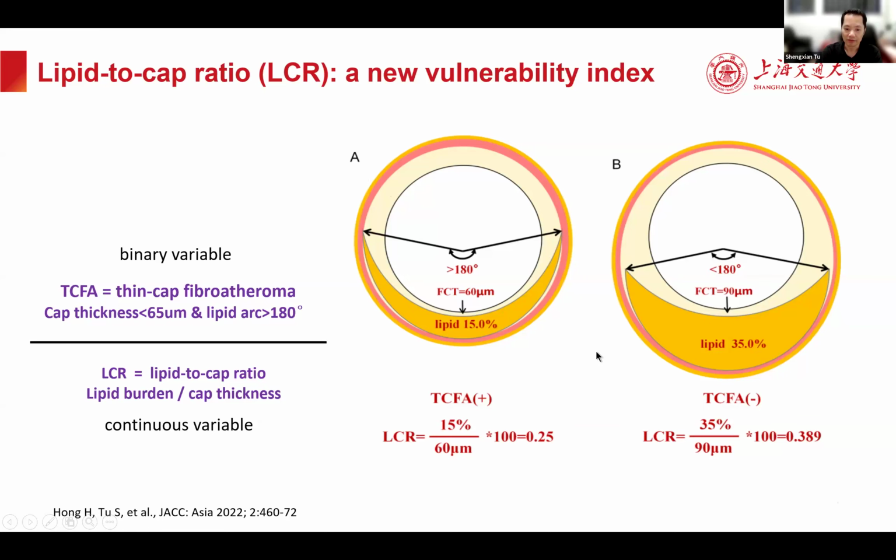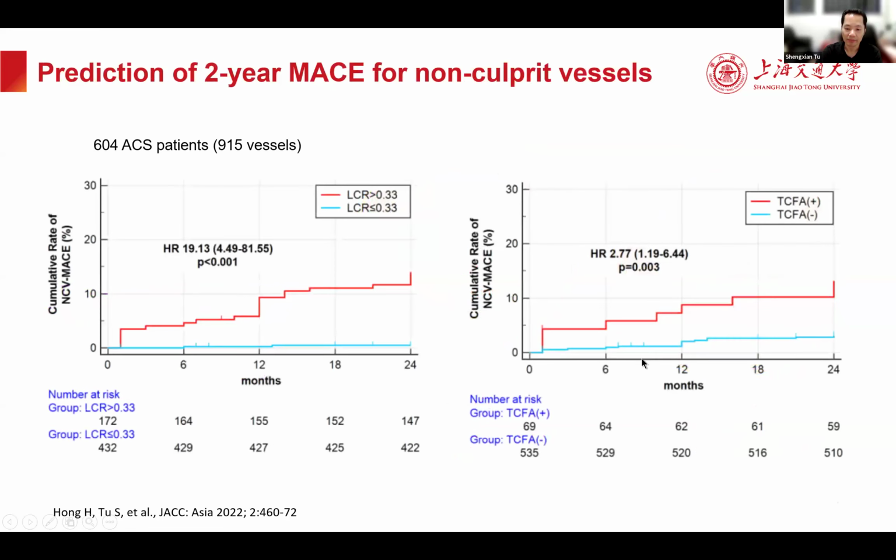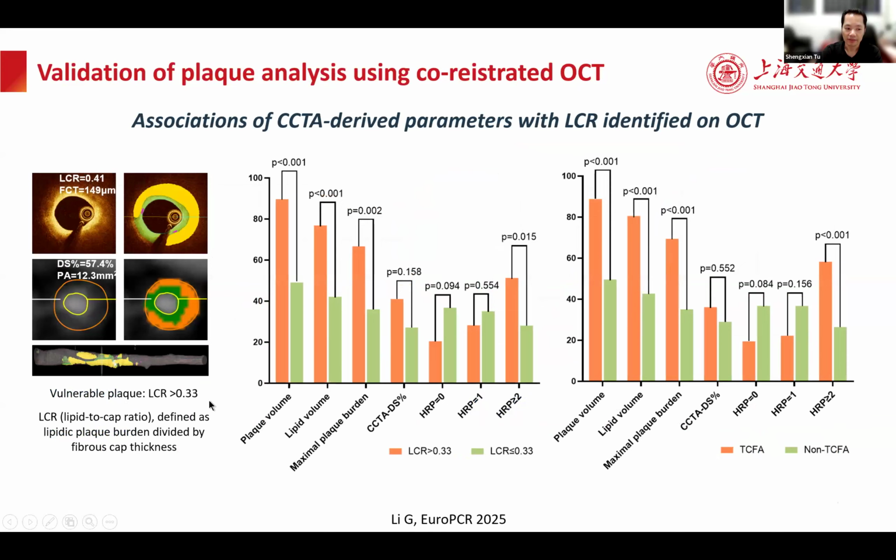Just to explain the difference, in order to compare them, we performed a study in 915 non-culprit vessels. We performed OCT and used 2-year clinical outcome follow-up as the endpoint. As you can see, the LCR has a stronger predictive value compared to TCFA.